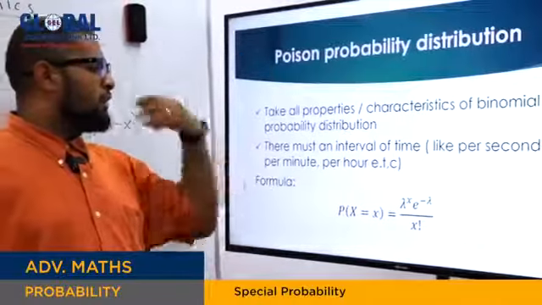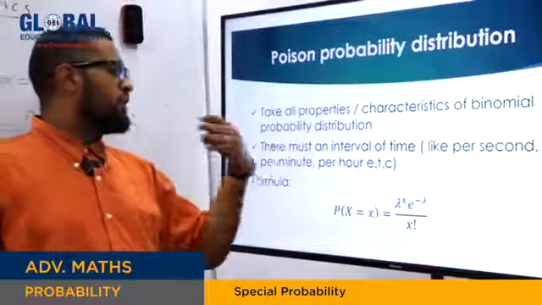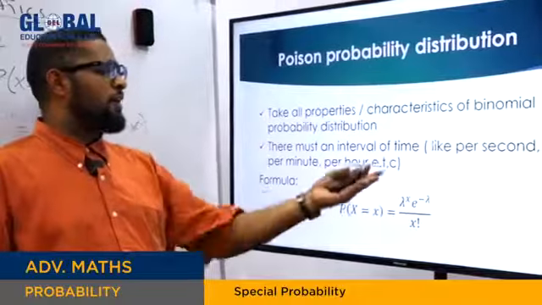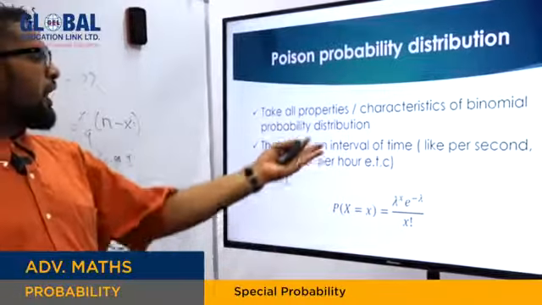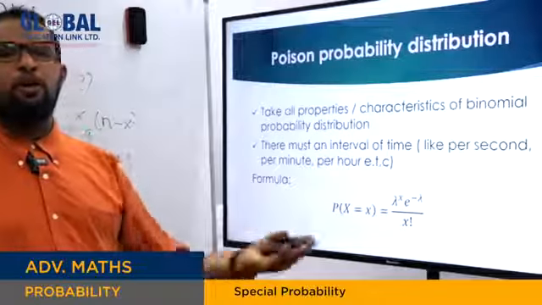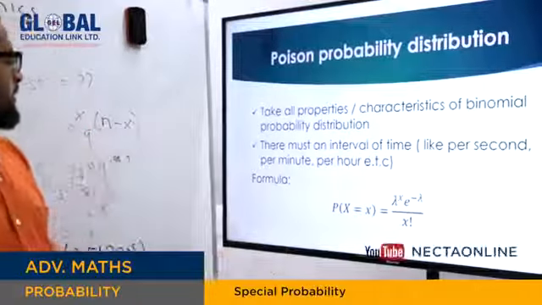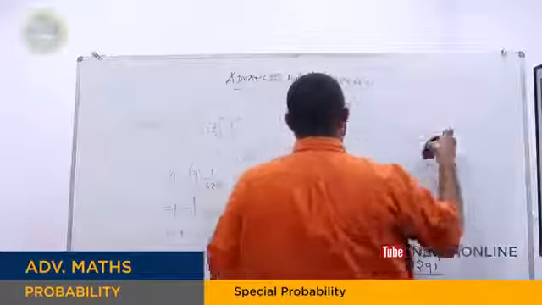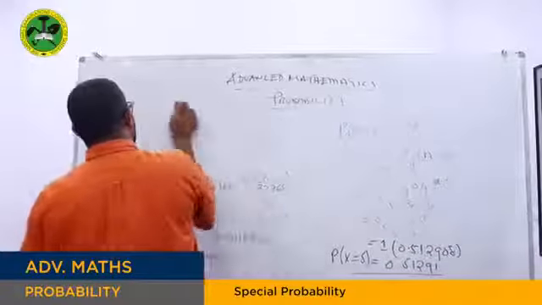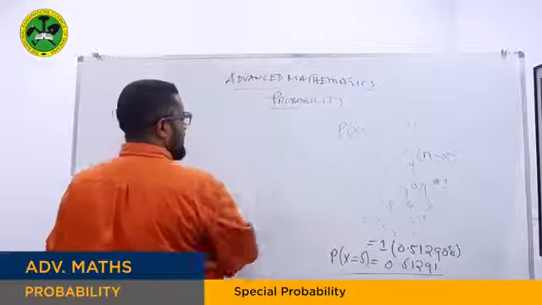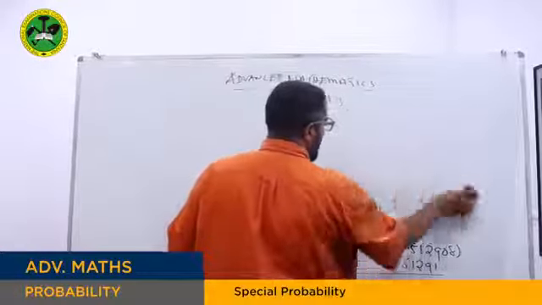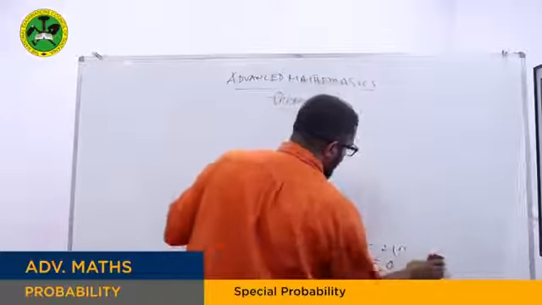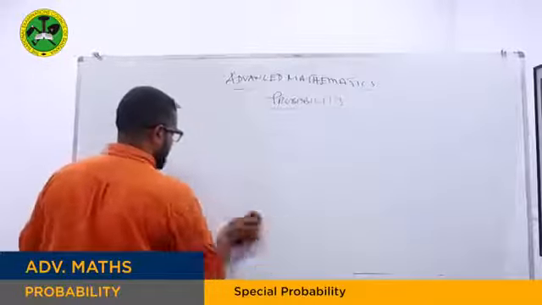It means here the trial will be in terms of time, like per second, per minute, per hour, and so on, per week, per year. And the formula for Poisson distribution is given by P(X = x).